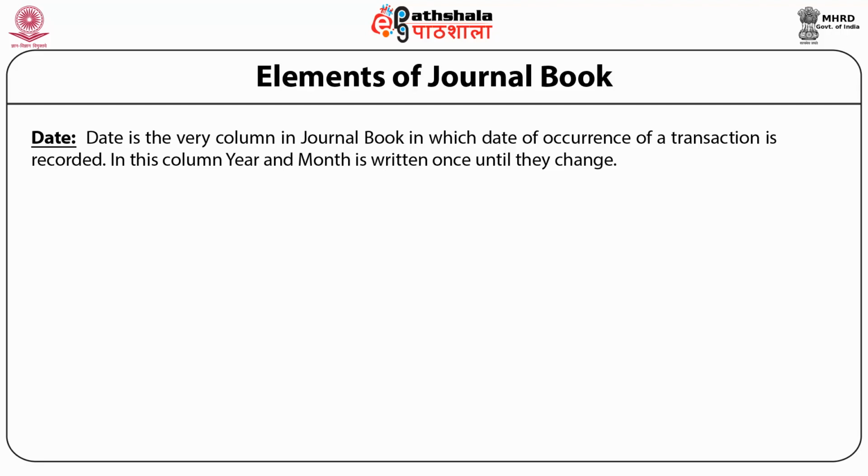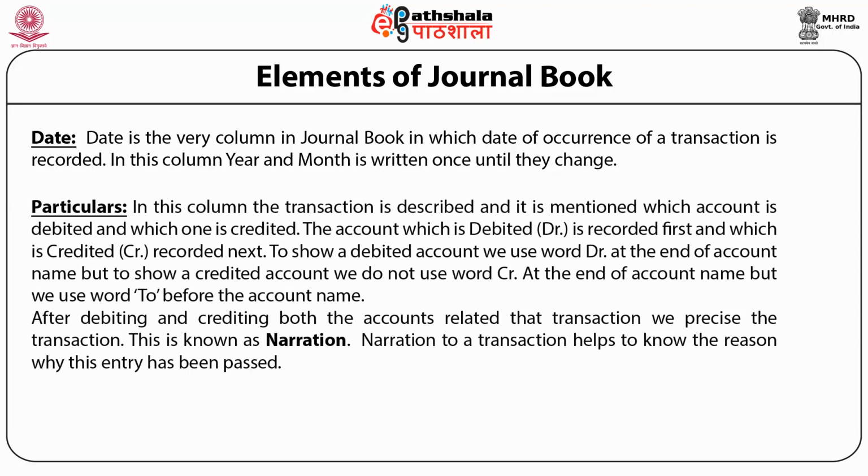The second column of this book is the particulars. In this column, the transaction is described and it is mentioned which account is debited and which one is credited. The account which is debited is recorded first and the one which is credited is recorded next to it.